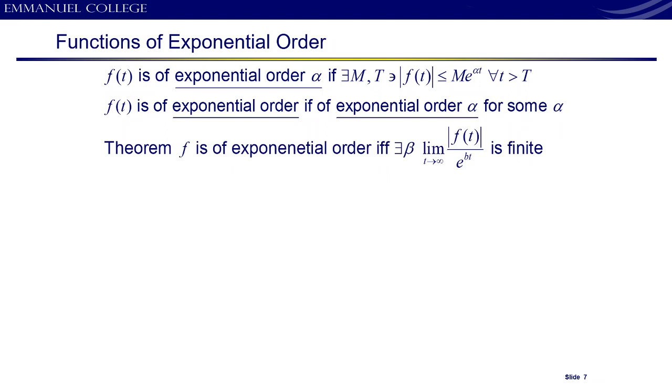Which also means you can rewrite the theorem to say that there exists a beta such that the limit of e to the beta t is finite. Because what I'm saying is that at some point t, every t past this will make the function less than or equal to this side.